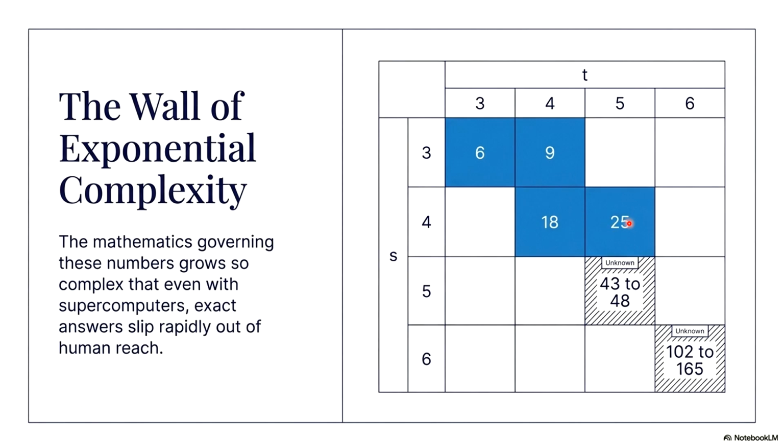Now that's pretty complicated. When you think about it, you have a graph of 25 vertices. There's a huge number of connections already. When you go to 5 and 5, there's no known answer yet. The range is between 43 and 48. This is from Notebook LM. You'll see a little bit later, I went to Wikipedia, and they have slightly updated numbers on these ranges.